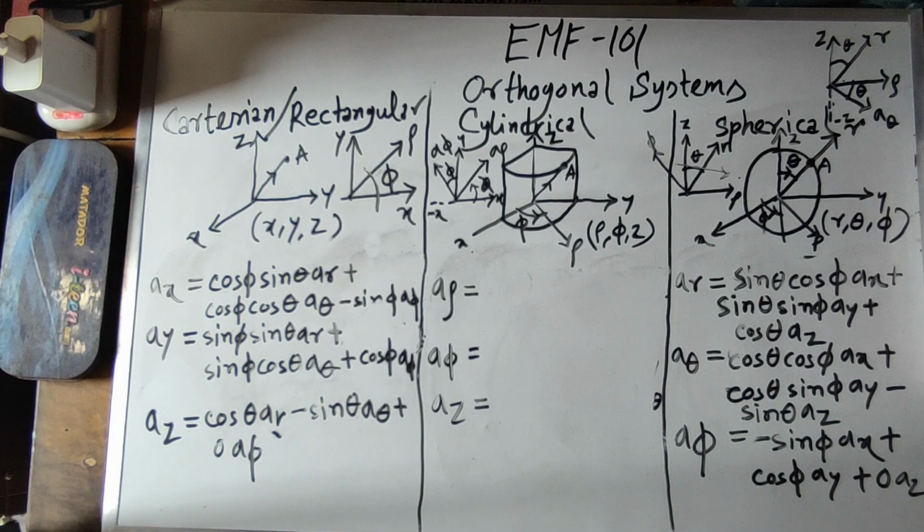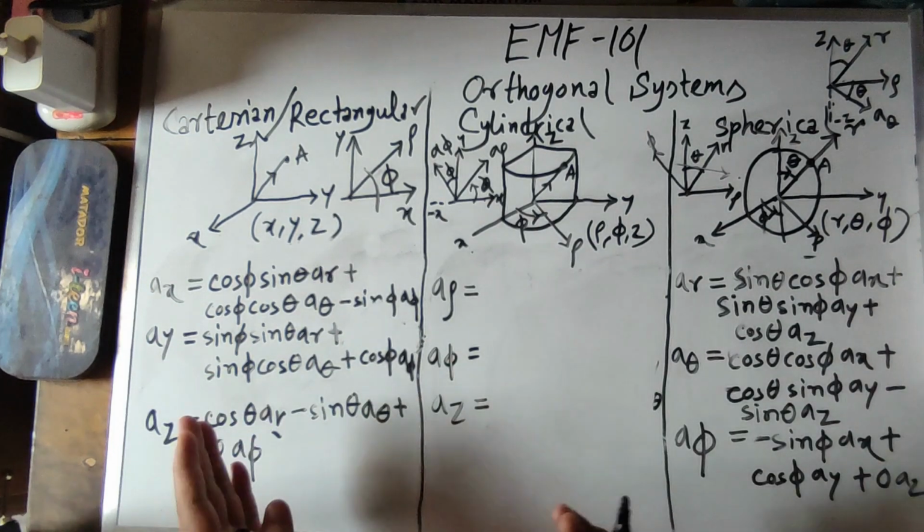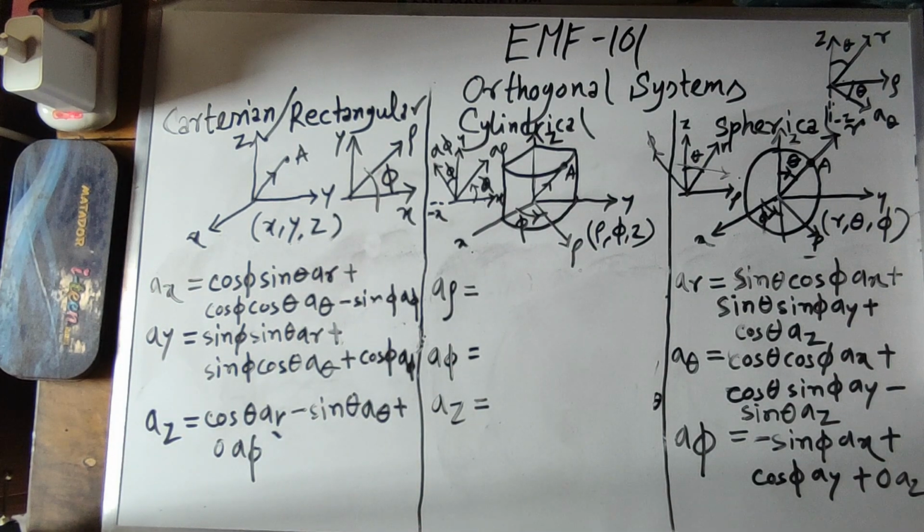So this is the last transformation, from rectangular to spherical and spherical to Cartesian or rectangular.